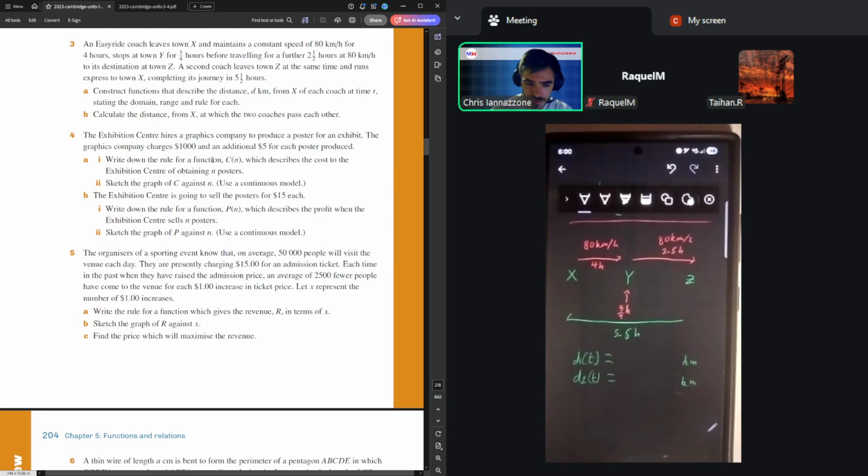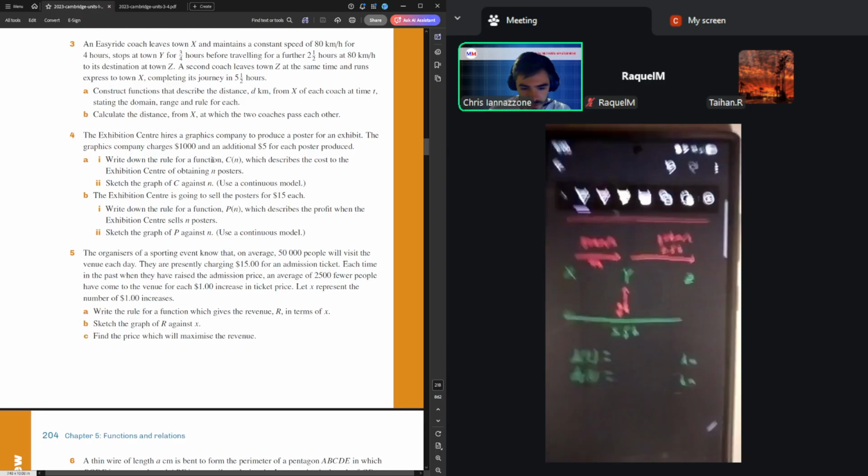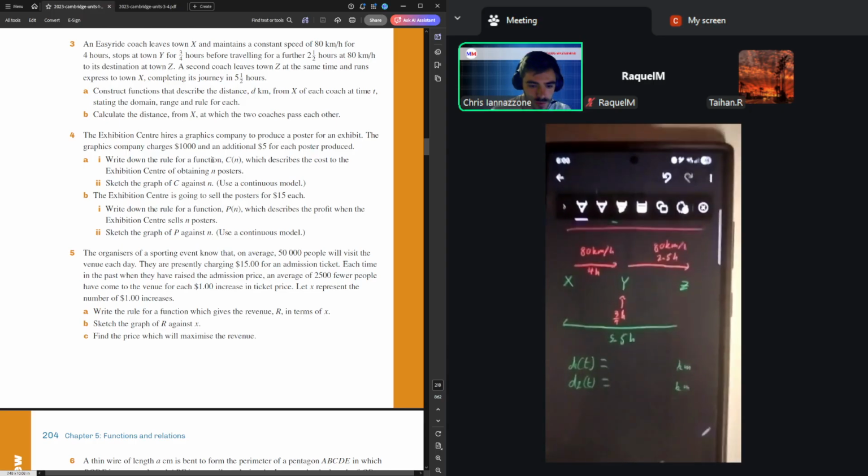It's a piecewise because there are stages to the journey. If you were to describe this journey in words, on the left-hand side one, the coach started at X, traveled at 80 kilometers per hour for a total of 4 hours before it stopped at Y. It stopped at Y for 3/4 of an hour before then moving on.